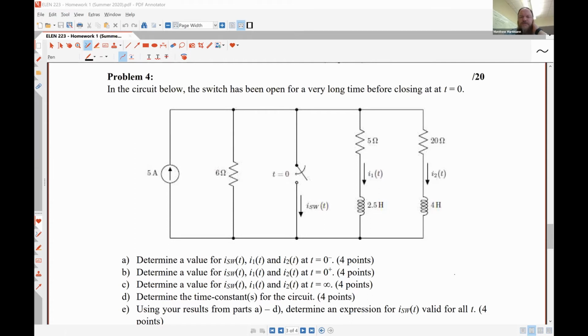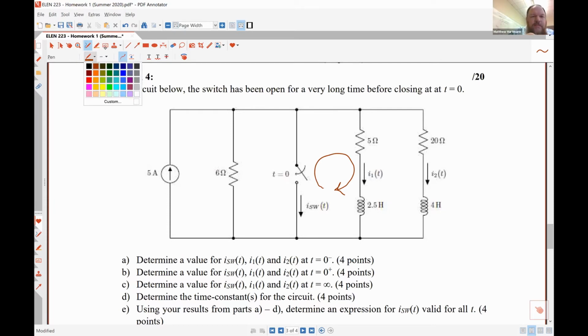So what we should observe is that the inductor current I1 is going to flow in this loop. So it's going to flow down through the 2.5 Henry inductor, come along the bottom path, and then flow up through the short circuit of the switch.